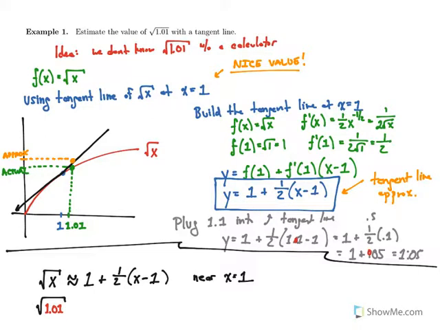Have an extra 0 there everywhere. If we do 1.01, this is going to be approximated by plugging in 1.01 into the line. And it should be 1.005 here as the answer, as the approximation.